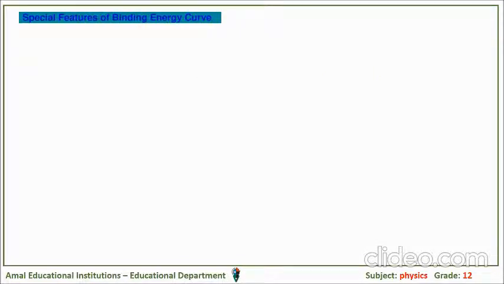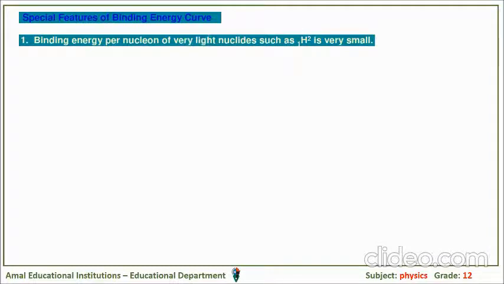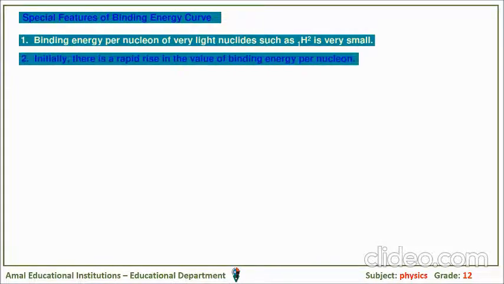Special features of the binding energy curve. The binding energy per nucleon of very light nuclei such as deuterium is very small. Initially, there is a rapid rise in the value of the binding energy per nucleon.